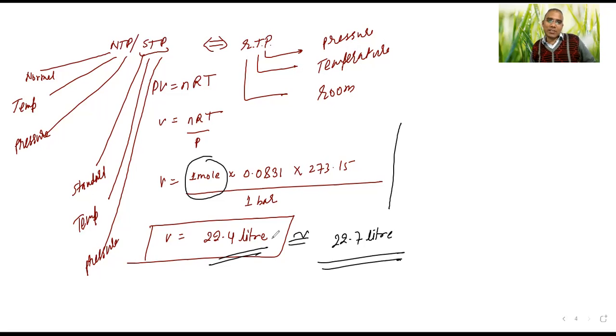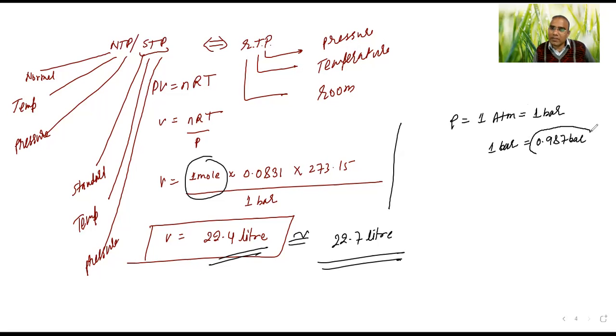So here you see, P is called 1 atm, atmospheric pressure. The unit of pressure is 1 atm, or that is equal to 1 bar. Sometimes what they do: 1 bar, the real value is 0.987 bar.